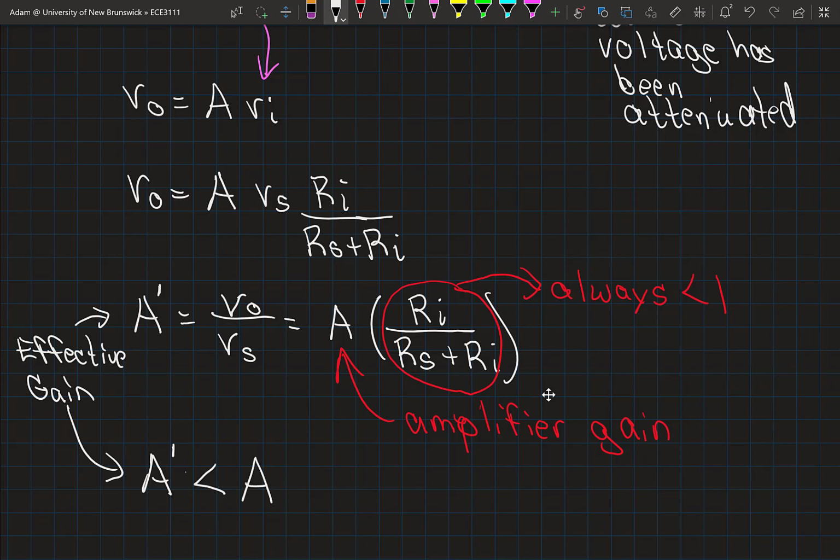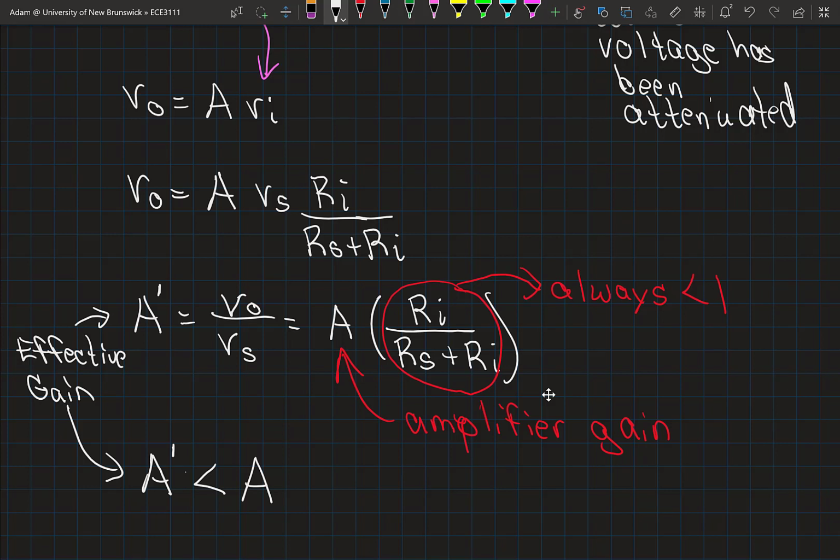So due to the non-infinite input resistance, due to the fact that the source is going to have some resistance associated with it, I'm going to have an effective gain, or an overall gain, that's less than my amplifier gain.